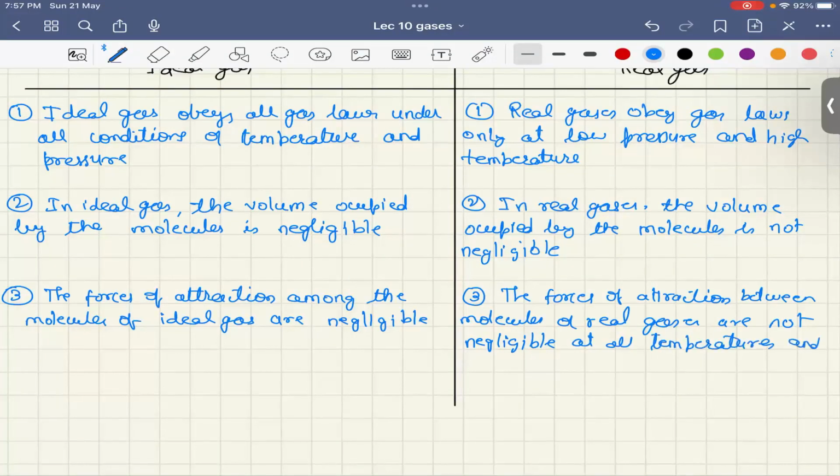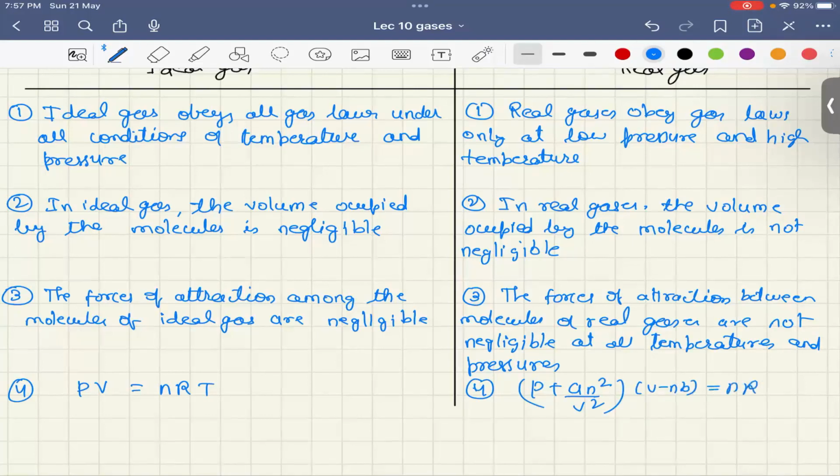Right? And the fourth one is the ideal gas obeys this expression PV equals nRT, whereas the real gases obey the Van der Waals equation, which is (an²/V² + P) into (V − nb) equals nRT.